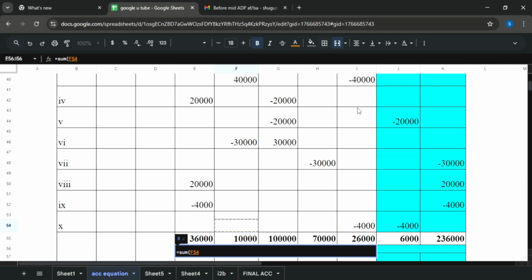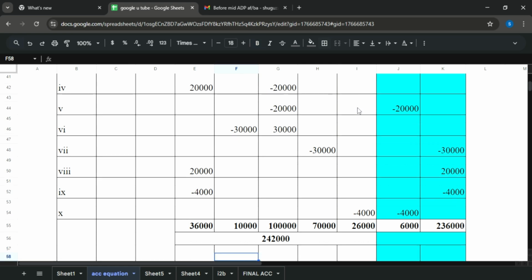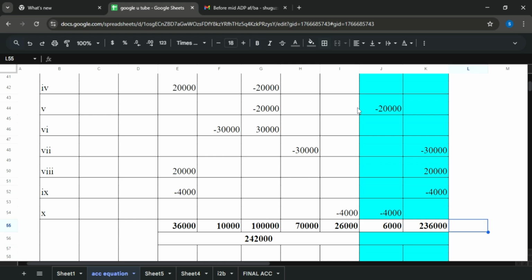What I am going to take, look, the sum of cash, debtors, machine, the sum of all assets I have written over here, 242,000. In a similar way, I will take the sum of these two on the liability side. So first I have 236,000, then the sum of the second column. So this is 242,000.